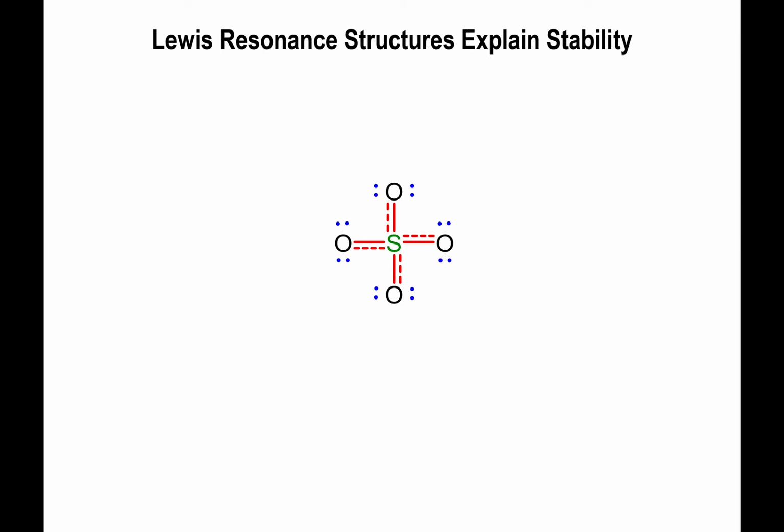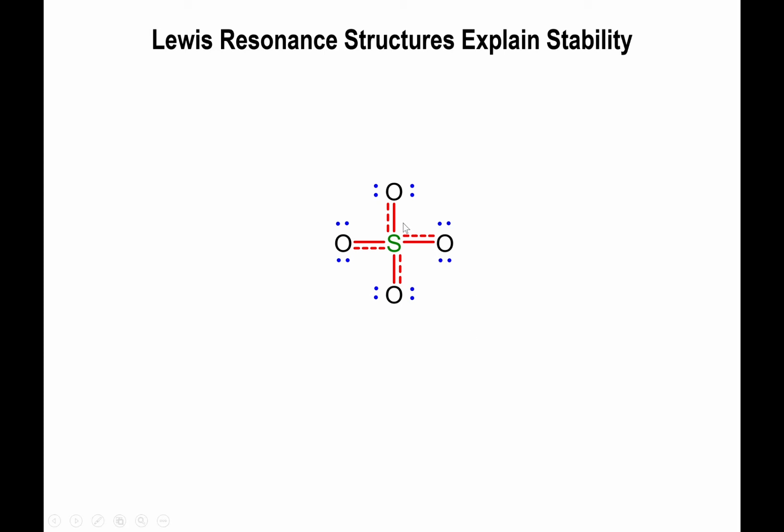But you could have them located on any which one of these oxygens. It doesn't really matter if they're opposite of each other or right next to each other. As long as two of them are double bonds and two of them are single bonds, you have the correct Lewis structure, or at least one correct resonance structure of the Lewis structure.